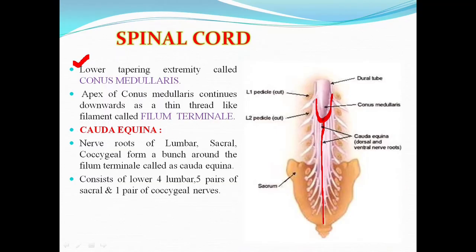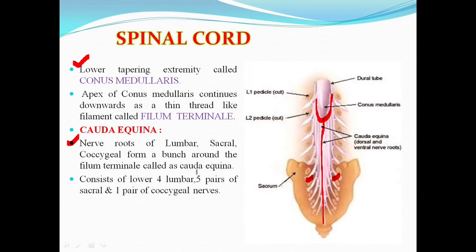On either side of the filum terminale, you can identify the L2 onwards to coccygeal nerve roots. Every spinal nerve, that is lumbar L2 to L5, sacral all 5, and coccygeal one pair, forms a bunch around the filum terminale.